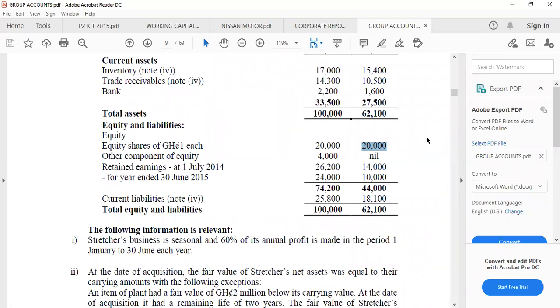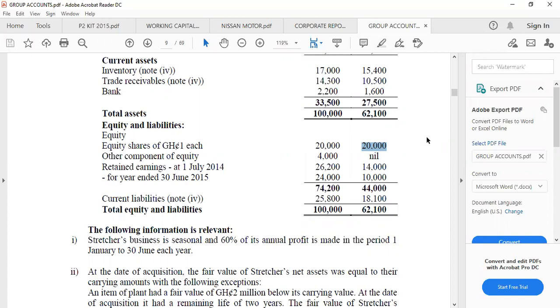It was 14,000. Okay. When did we acquire them? 1st January 2015. So it means that they have done 6 months already, isn't it? So in that 6 months they are going to make profit. The only thing that increases the retained earnings is profits.